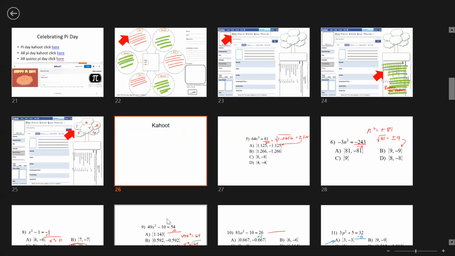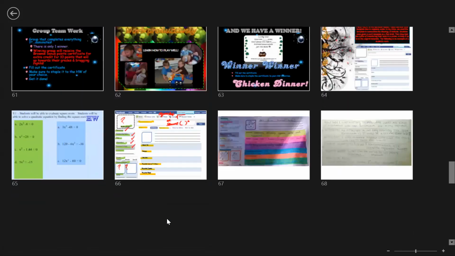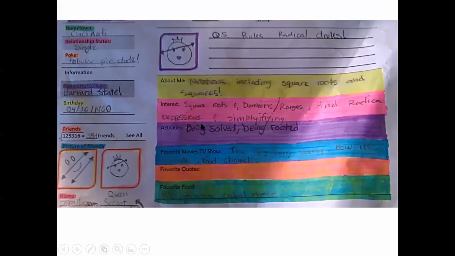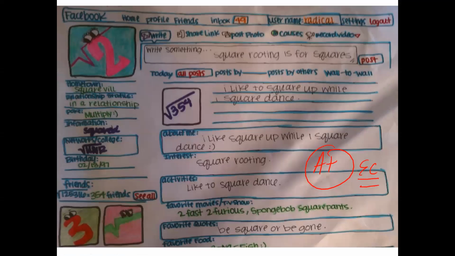For example, some of the examples I've had in the past are interests: square rooting; domain, range, and radical expressions. Some of the quotes about me: I like to square up while I square dance.